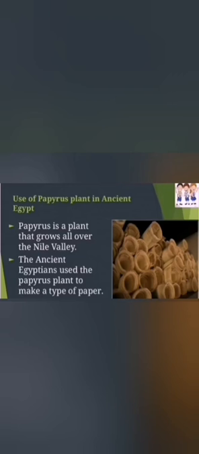As you know, the papyrus plant grows at the bank of the river Nile. The ancient Egyptians used this papyrus plant to make a type of paper. They rolled the paper and tied it to make a type of book, and they wrote on papyrus as well as on the walls of tombs.